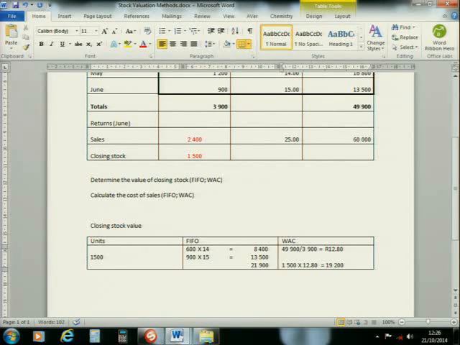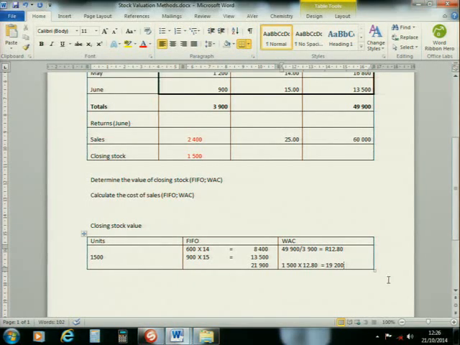I know others might have rounded off to the nearest rand, giving them 13 rands. It's fine. But in the question paper, there will always be an instruction or some kind of guidance relating to the rounding off, whether to the nearest rand or to whatever decimal point. That's the value of closing stock using the 2 methods.